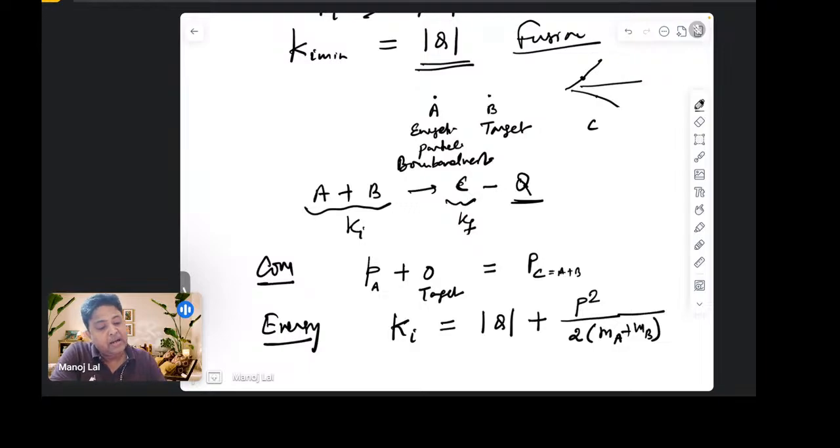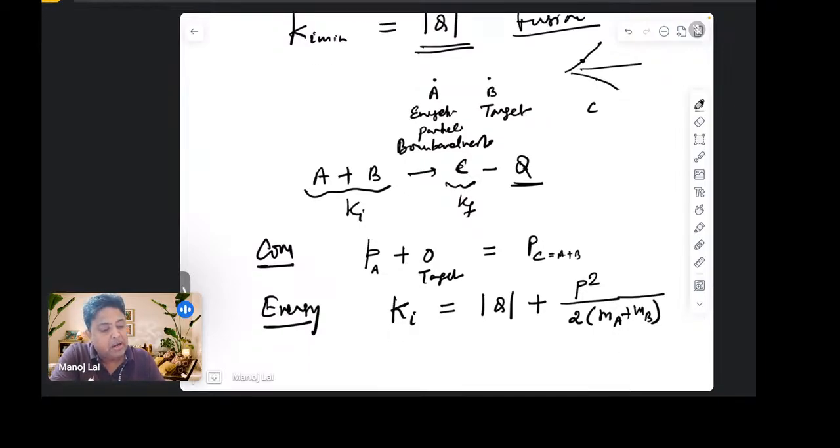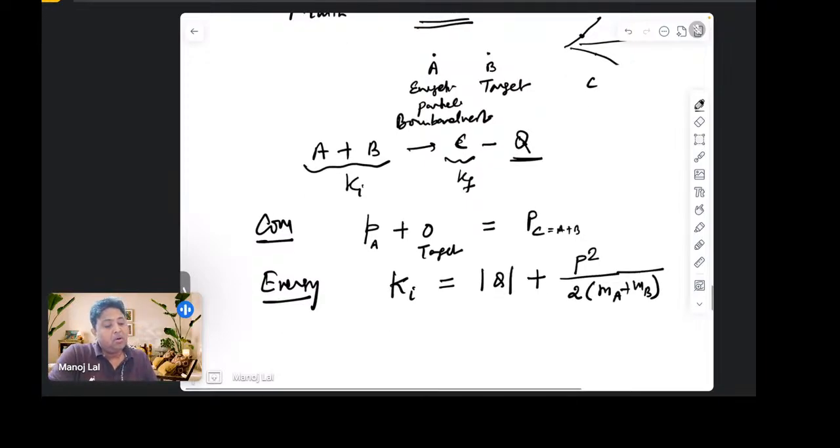And what is the kinetic energy minimum required for this reaction to happen? If I want to find this, the initial kinetic energy is nothing but P square by 2 times the mass of A, because P is the same, and the target has no energy.